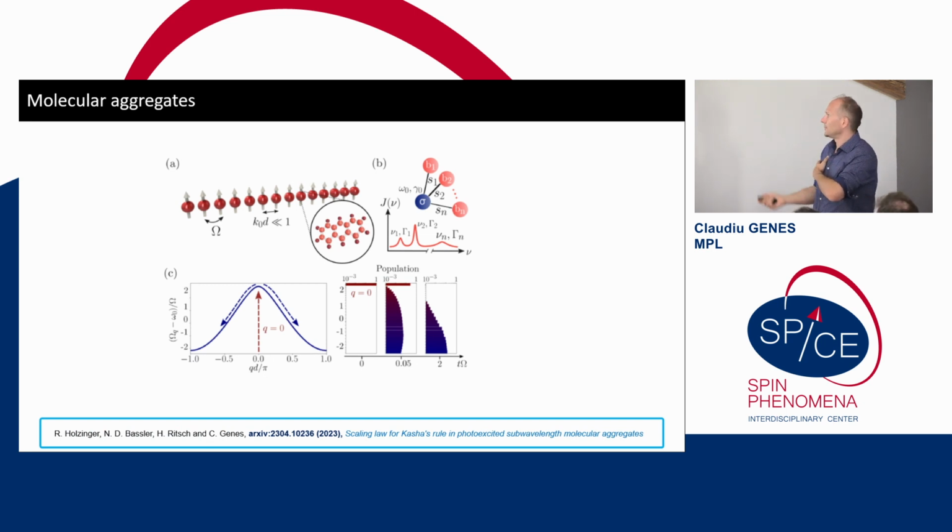I don't know how many of you are aware of this, but there is the whole history of molecular aggregates. Since the 50s or 60s, it's been known that dipole-dipole interactions in these molecular aggregates are very strong, because the distances between monomers are of the order of 2 up to 10 nanometers.